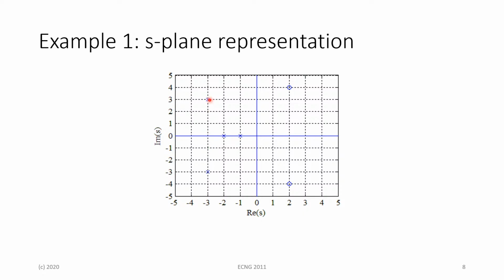So this here will be -3 plus j3, and this one will be -3 minus j3. And that basically is the end of how you actually achieve a pole-zero plot. Once you obtain the roots, you just map it out on the imaginary versus real axis here. And once you put that in, that's basically the end of the question for anything regarding pole-zero plots.